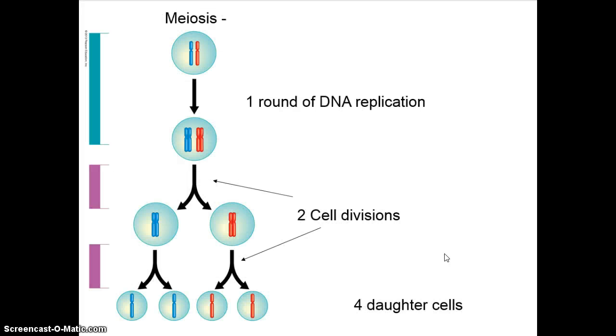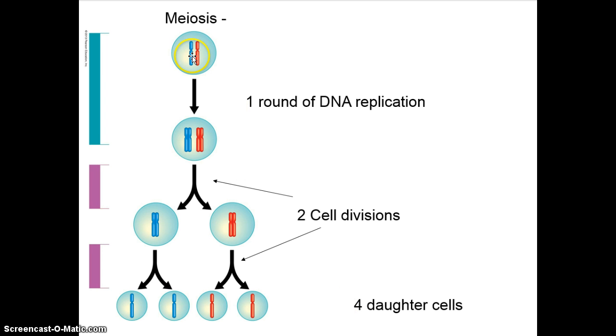So essentially what meiosis is, if you want to break it down, is one round of DNA replication. So you take a regular old cell, it replicates all of its DNA just like before mitosis. Then you go through 2 rounds of cell division, which ends up producing 4 daughter cells with half the number of chromosomes.